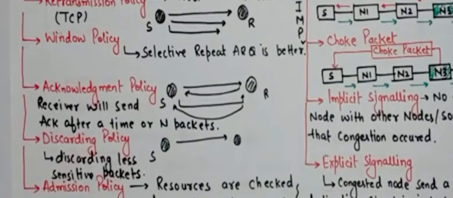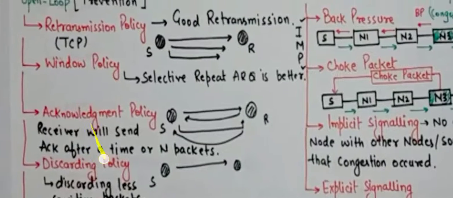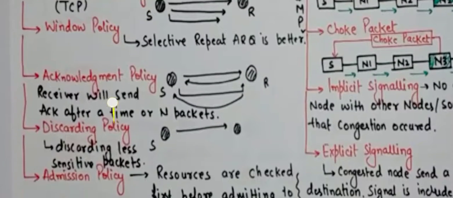So what we have to do is have the receiver send an acknowledgement after a time for n packets. By this we can reduce the traffic. We send n number of packets, wait for a certain time, and receive all the acknowledgements at a time. So this is called acknowledgement policy. These are all prevention measures.